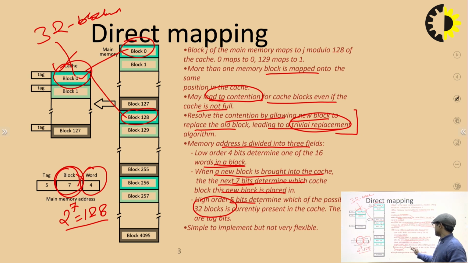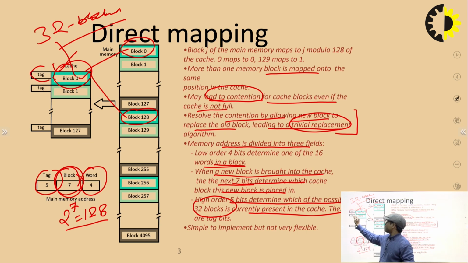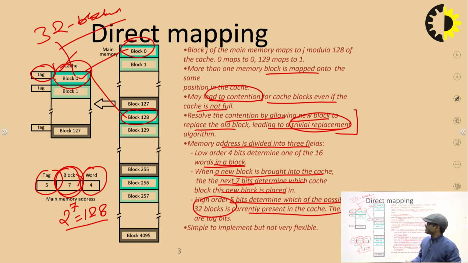Higher order 5 bits determine which of the possible 32 blocks are currently present in the cache. So, we already know that 32 blocks are mapped into the same cache line. So, which particular block is present here? It is determined by these 5 tag bits, and the tag of that particular block is stored in the cache for later searching.